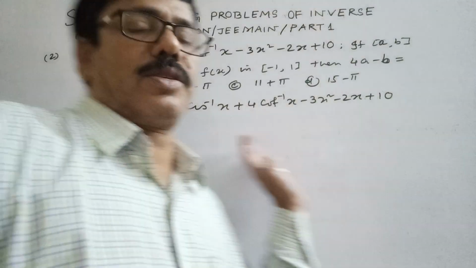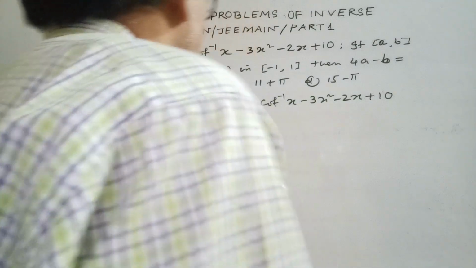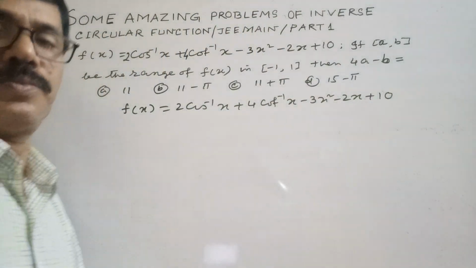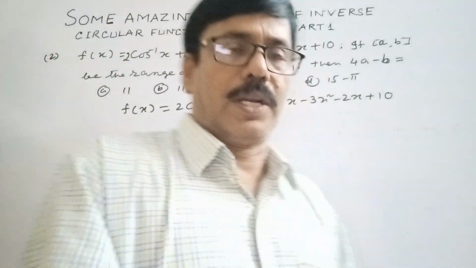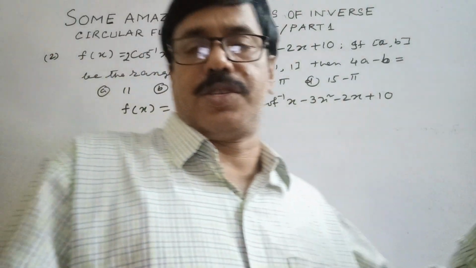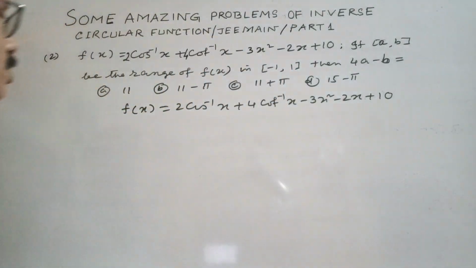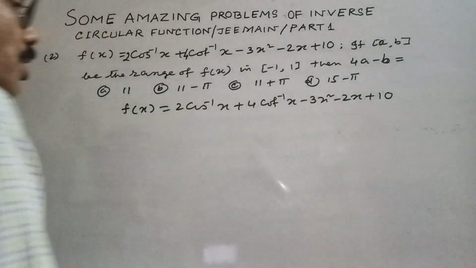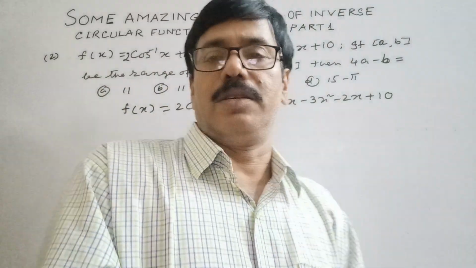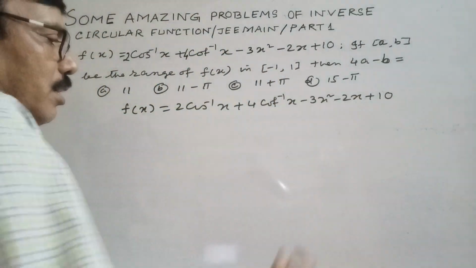So here f(x) is also a mixture of algebraic and trigonometric functions. So it is difficult to find the range. But if you look at the characteristics of f(x), you can find whether it is an increasing function or a decreasing function.